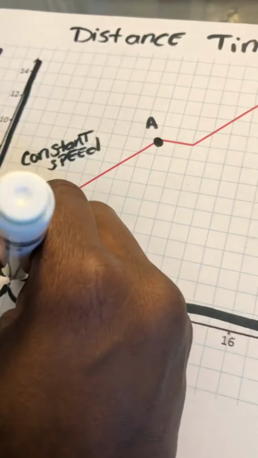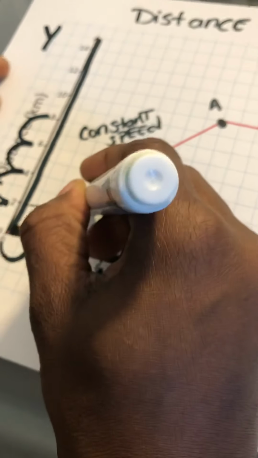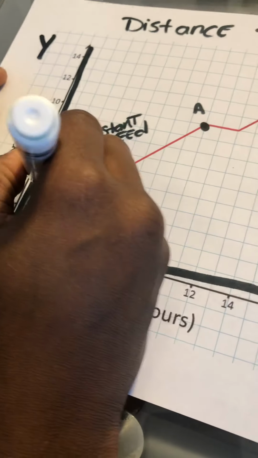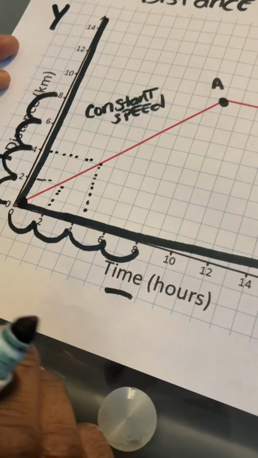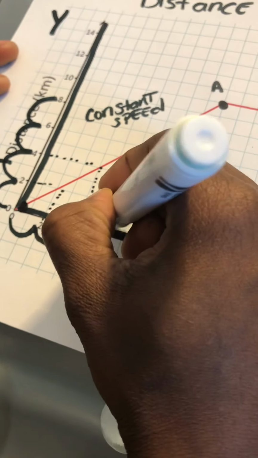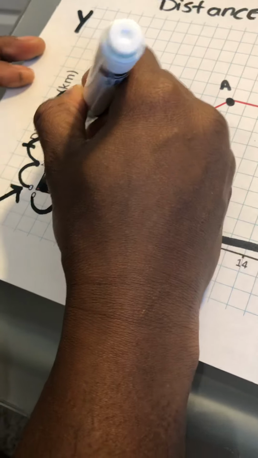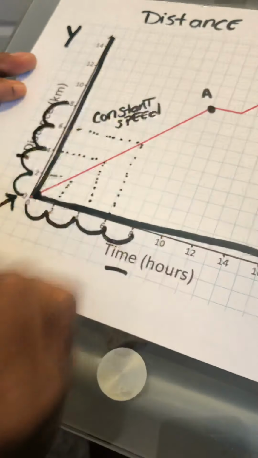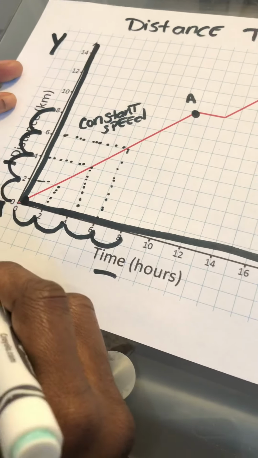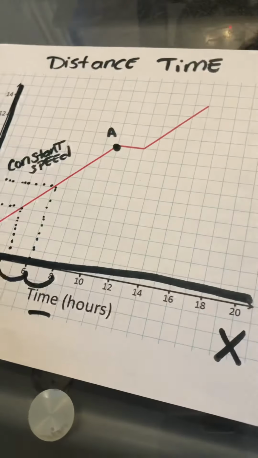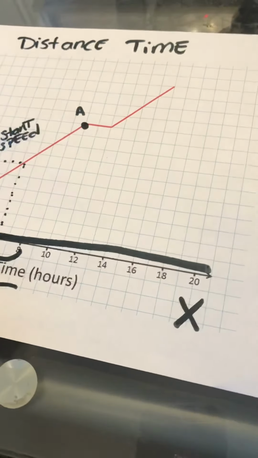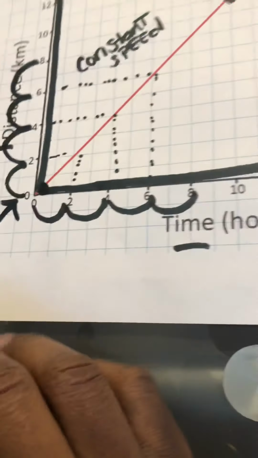In 4 hours, they went 4 kilometers. 4 divided by 4 is 1. In 6 hours, they went 6 kilometers. 6 divided by 6 is 1, and so on and so forth. If you do this entire line, you'll notice that it all equals 1 because they're traveling at a constant speed.